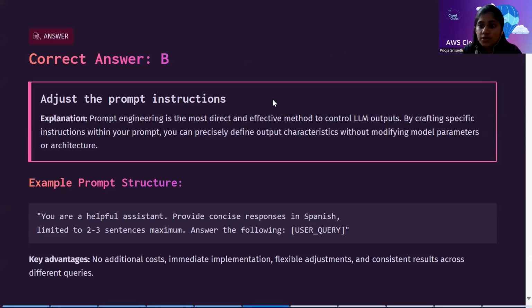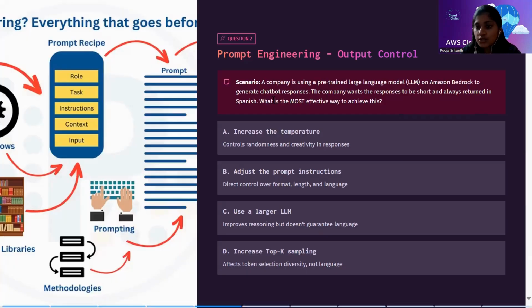Coming back to the previous question, I'll discuss the other options and why they're incorrect. Temperature controls the creativity of your output, not the language or length. And top K is more about the randomness of the token selection, like how randomly you want it to be generated. Changing the model size is not really relevant to the scenario being given, and it's also very expensive.